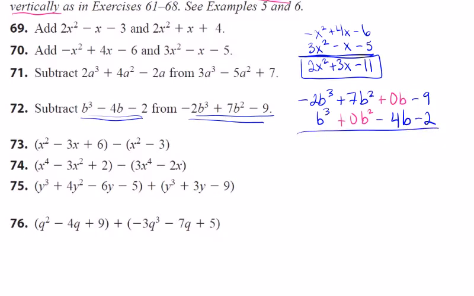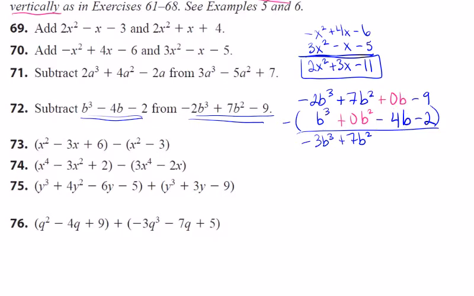All right, so now I can subtract. So negative 2b cubed minus b cubed, right? Let me just put parentheses here. So I'm subtracting. And so this becomes negative 3b cubed, right? Then I have 7b squared minus 0b squared. So that's just going to be 7b squared. Then I have 0b minus negative 4b.